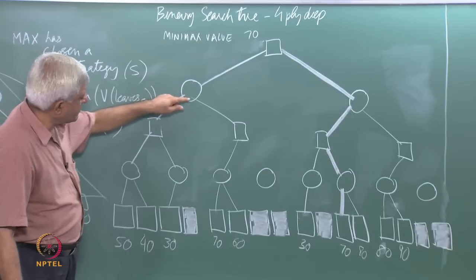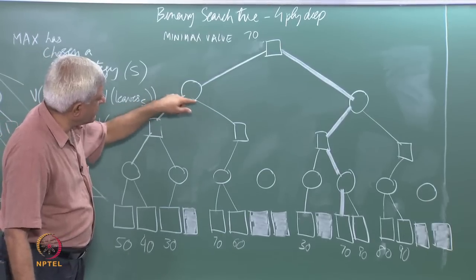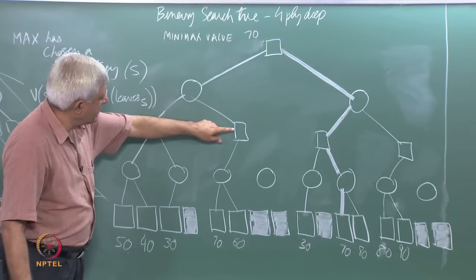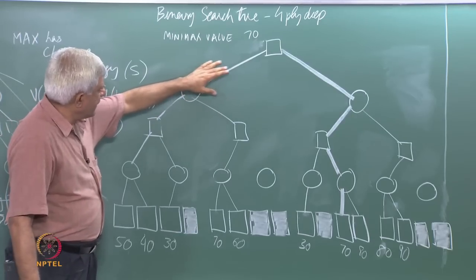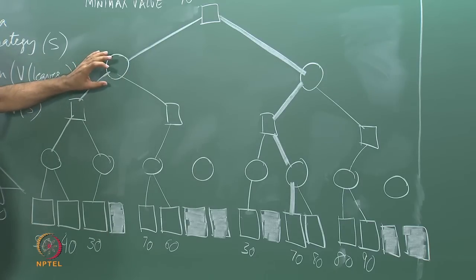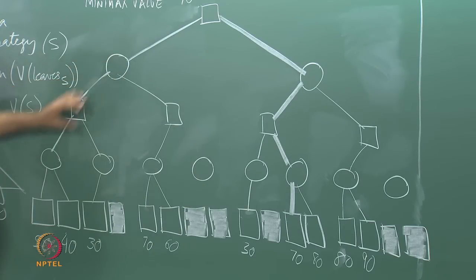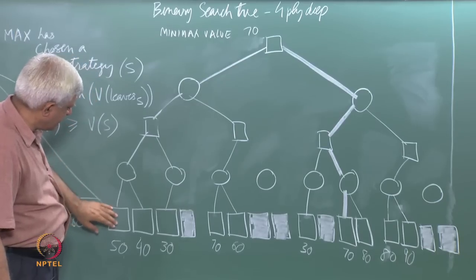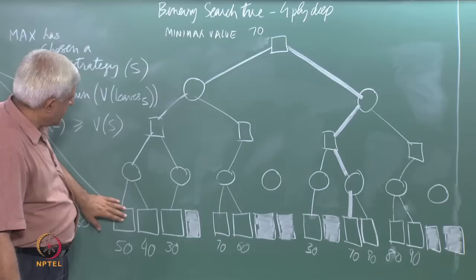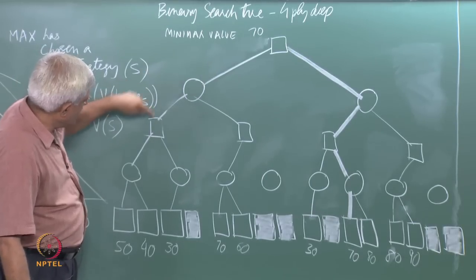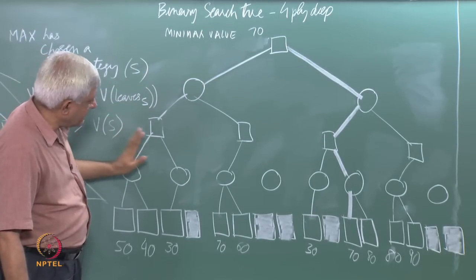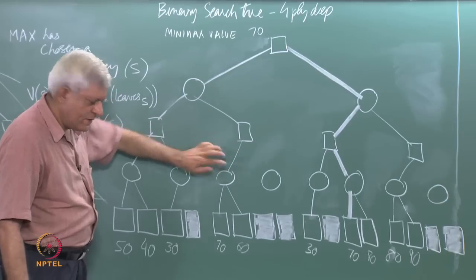Now, since max has to consider both these choices for min, this as well as this, when max makes this move, max is either selecting a strategy in which max is making this move here and this move here, or when max is considering this move, max is considering a strategy in which max is making that move and this move, and the strategy may have this move essentially.